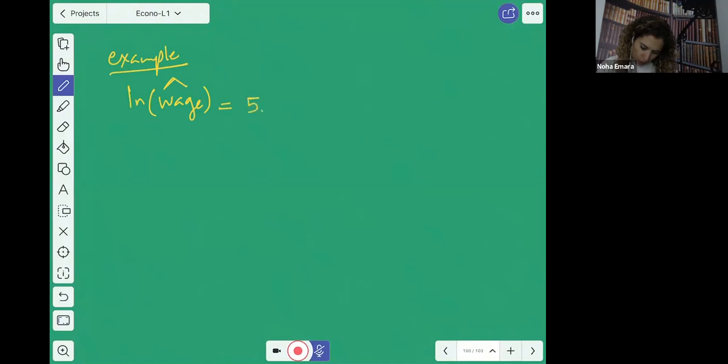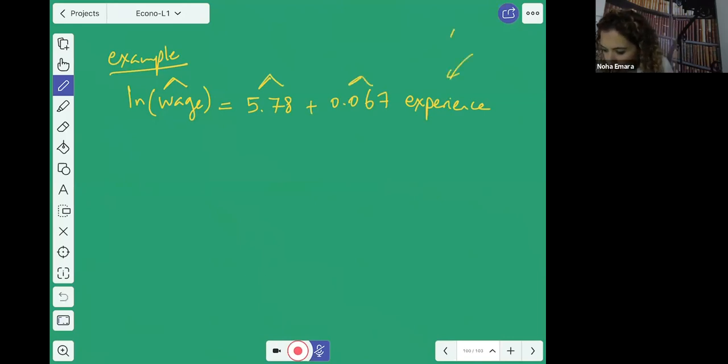And then we have an intercept 578 plus 0.067 experience. So this model is trying to find how the years of experience, so this is in years, this is in percentages, right? So how the additional years of experience would affect the percentage change in wages, okay?